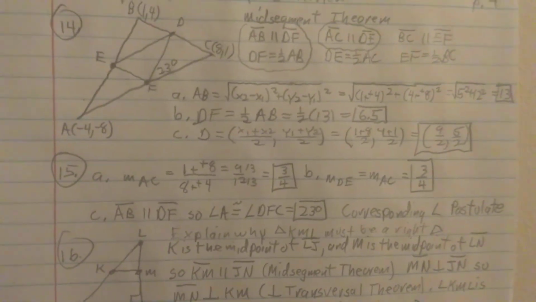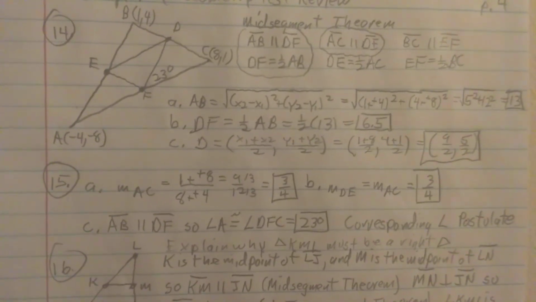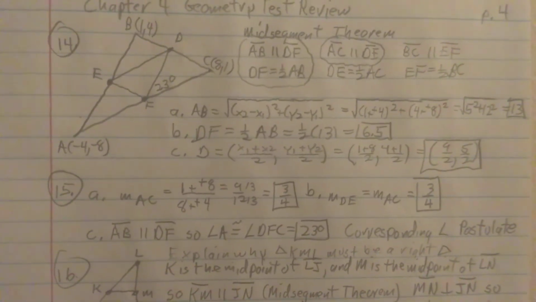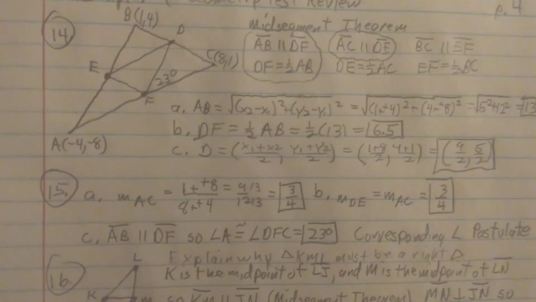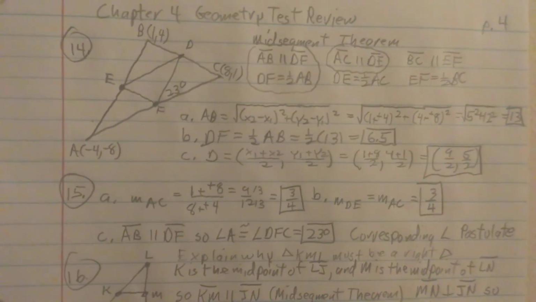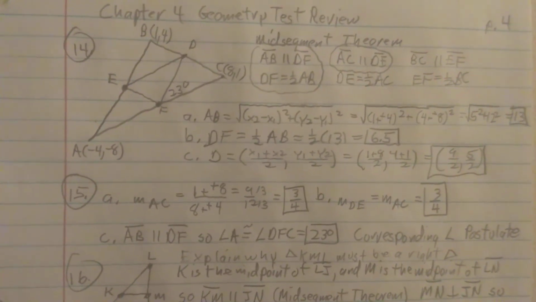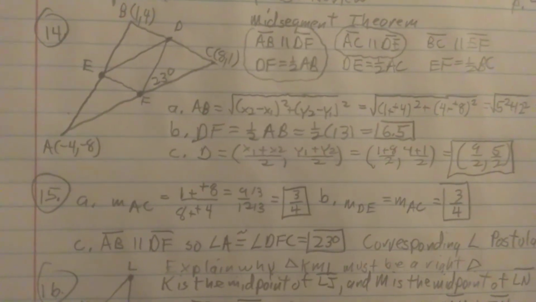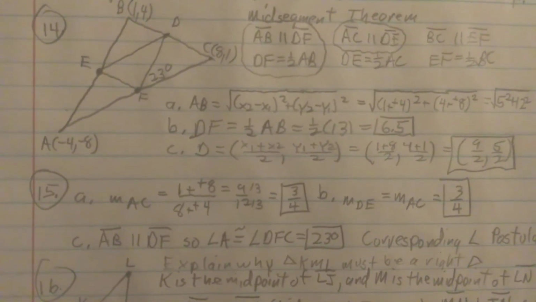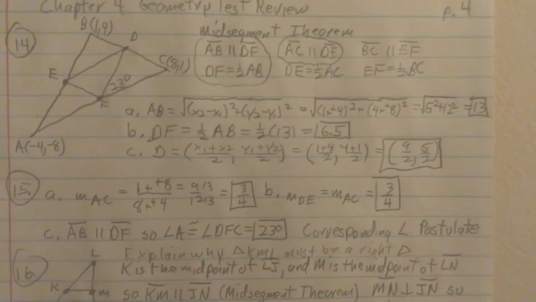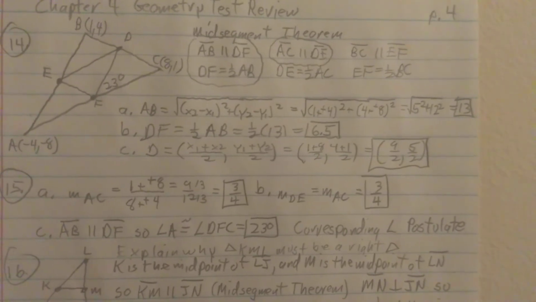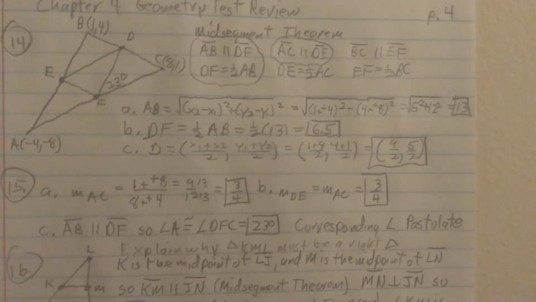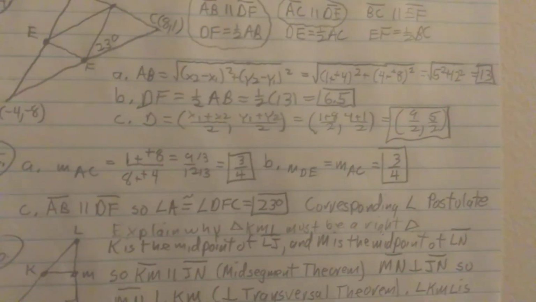Now for 15 to find the slope, m sub AC, we're going to take C first. So 1 minus a negative 8 for y's over 8 minus a negative 4 for the x's is 9 over 12, and if I divide both by 3, I get 3/4. Now from our mid-segment theorem, DE is parallel to AC, so the slopes are the same, which is 3/4.